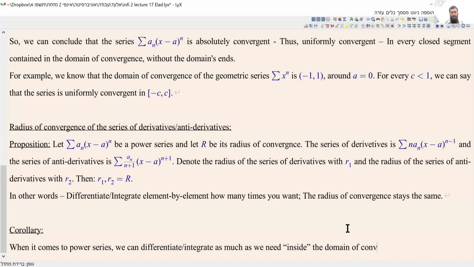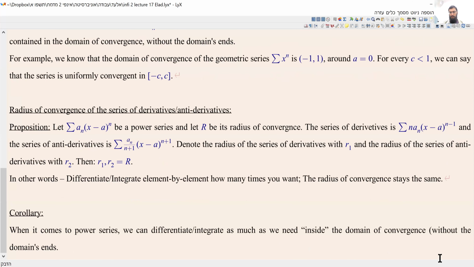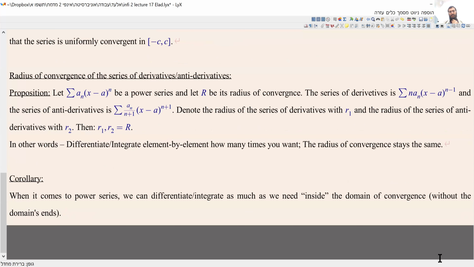What do I mean by inside? Not including the ends. It will be perfectly legal, mathematically correct.